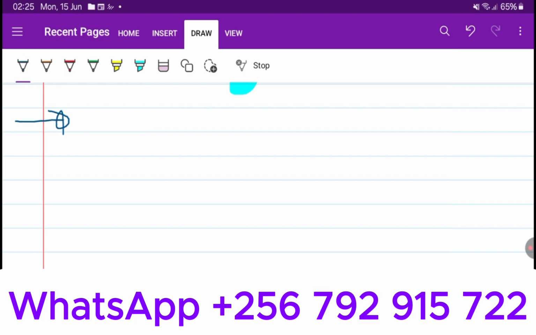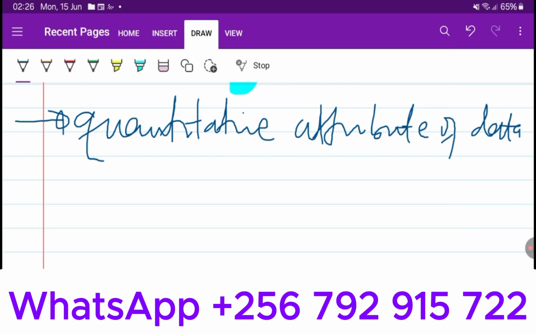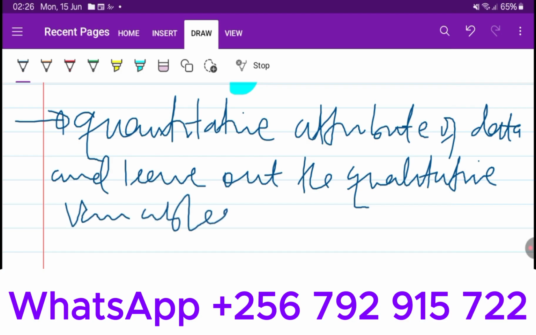This is one of the points that I highlighted when we were starting, that some of the methods that we use deal with quantitative attributes of data, or quantitative variables, and they leave out the qualitative variables or attributes.